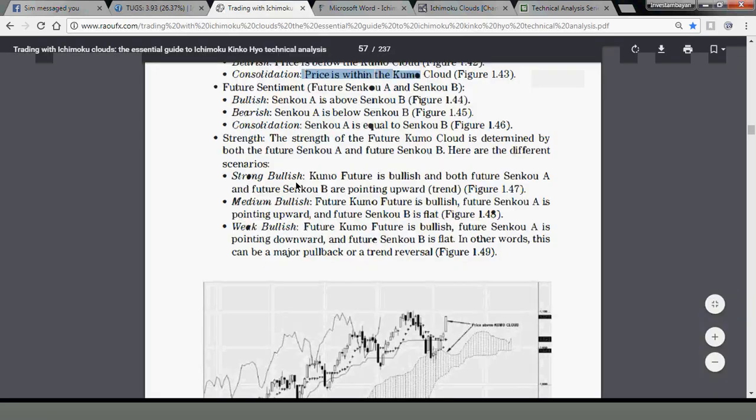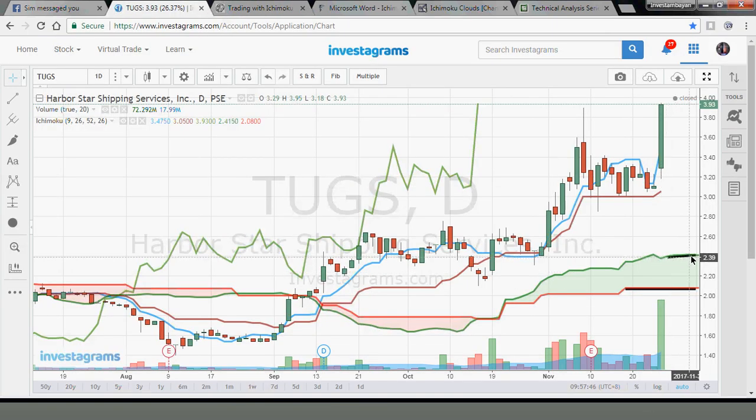Right? Number 2, medium bullish. So, Senkou Span A daw, pointing upward, future Senkou Span B, flat. So, nakikita natin kay Togs, pataas si Senkou Span A, si B, flat. Anong possible na mangyayari? May possible na minor pullback. Possible na may profit taking sa Monday.